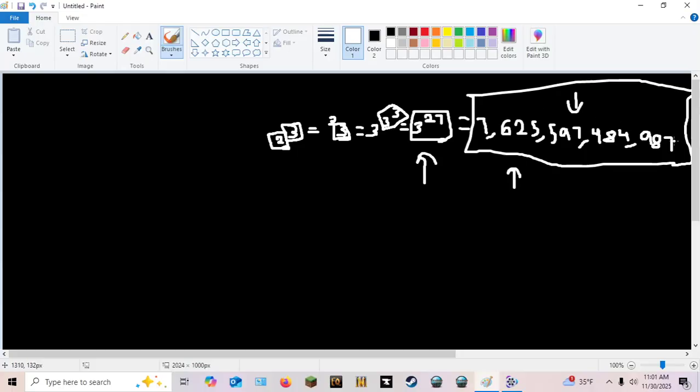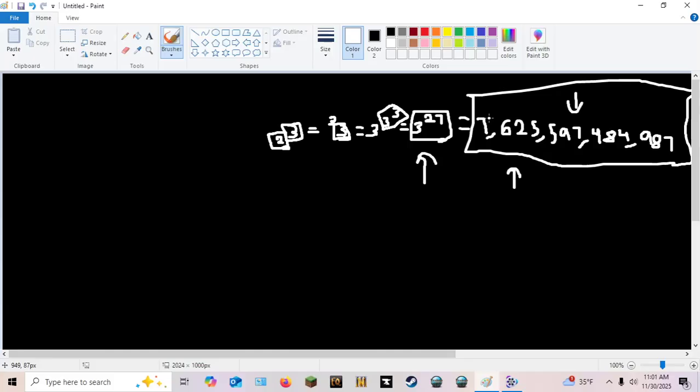I'll read this. So this is the hundredths place. That's the 100 millionths place. That's the 100 billionths place. That's the 100 trillionths place. Hold on.